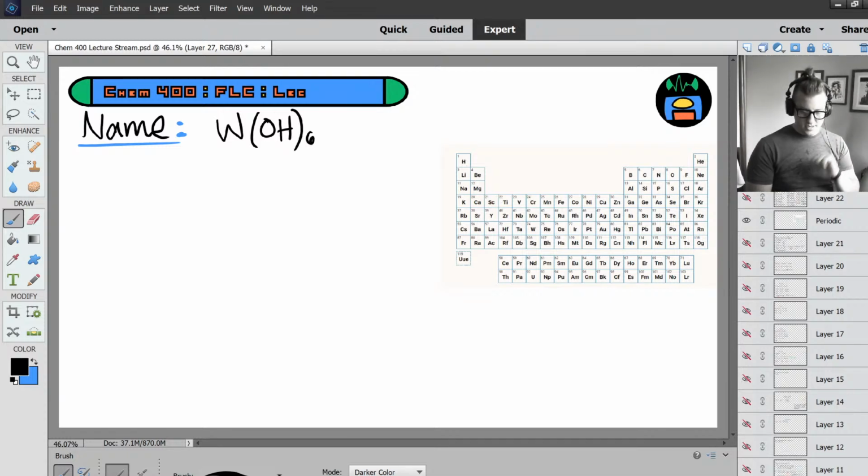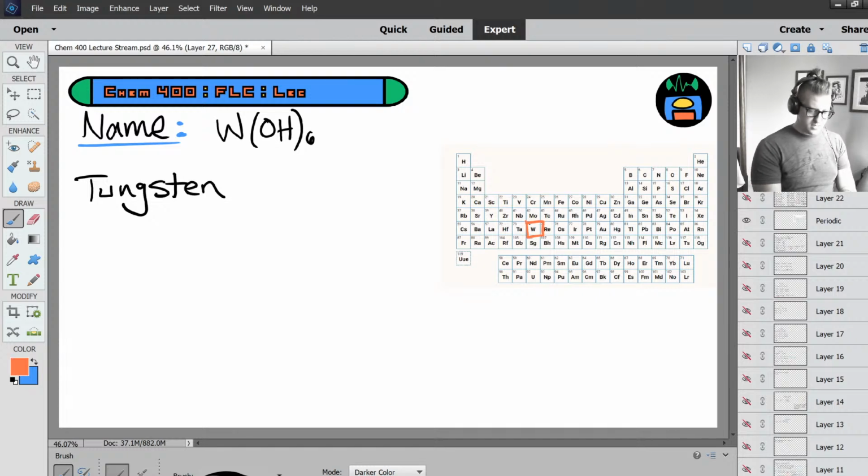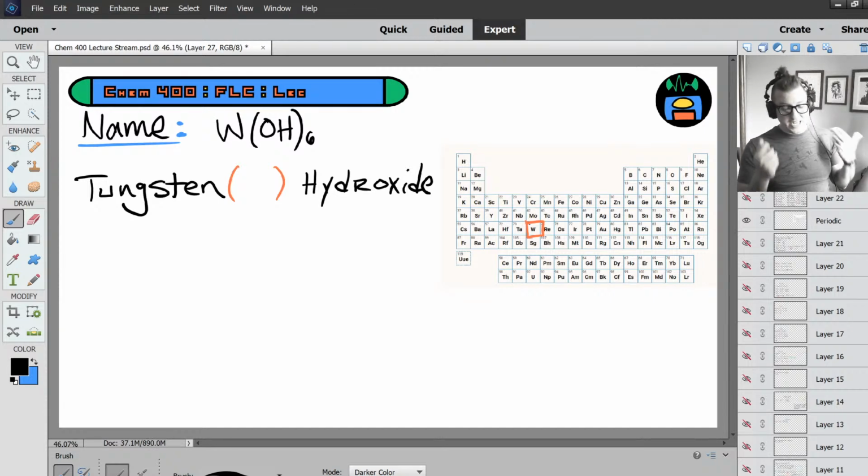Let's name this. All right, well, W is for tungsten. It's because there's a silent W. No, there's totally not a silent W in tungsten. But this will be tungsten something. And then the name of our anion here, it's a polyatomic ion, hydroxide. Tungsten something hydroxide. We need to determine what charge tungsten has.